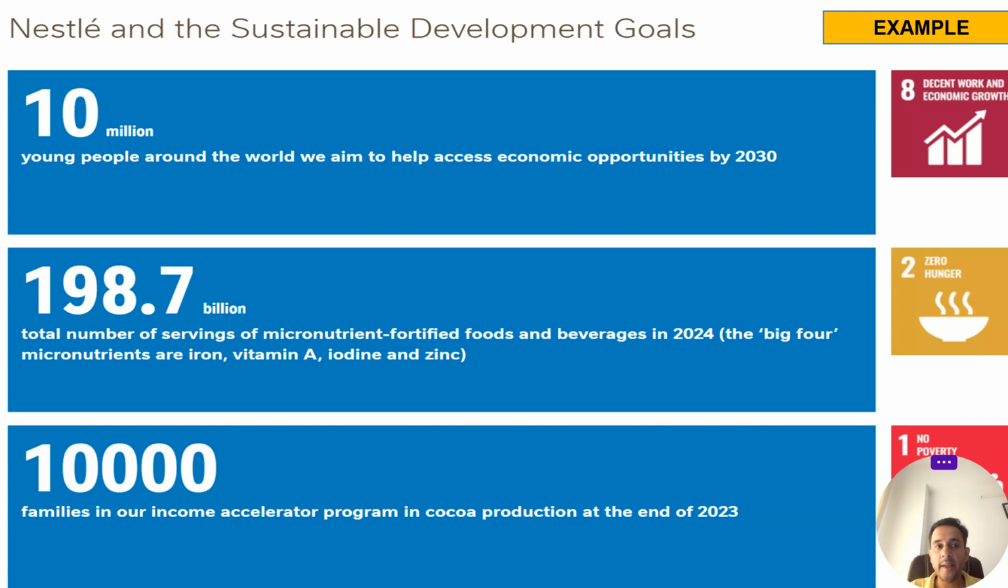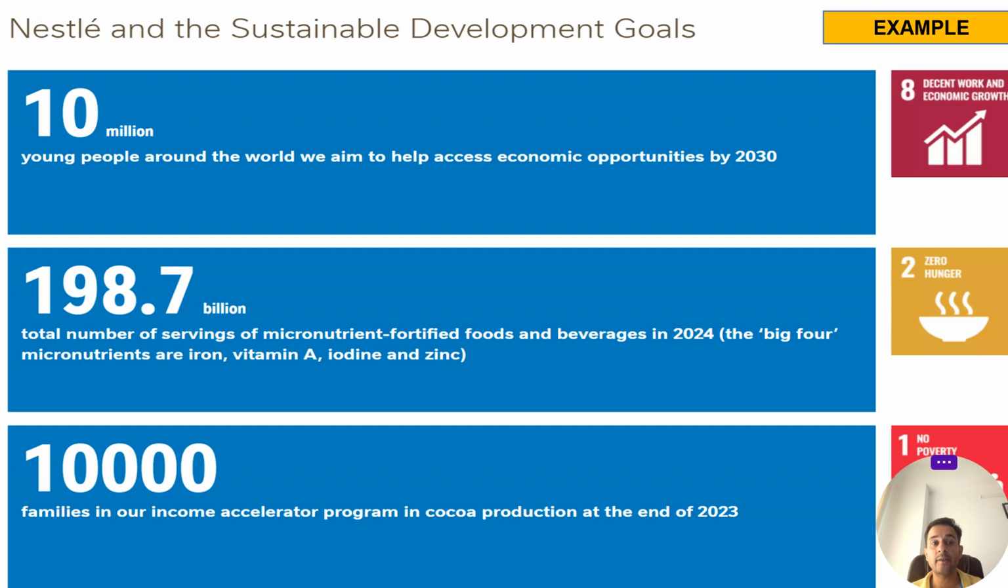So what they're saying is, directly or indirectly, their activities and products are helping or will help around 10 million people across the globe to achieve economic prosperity, economic opportunities, right?